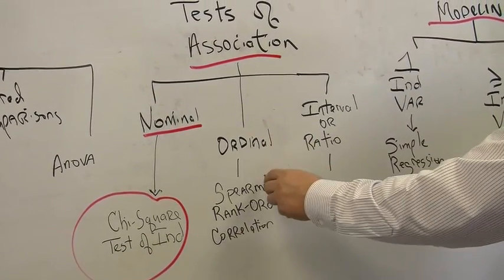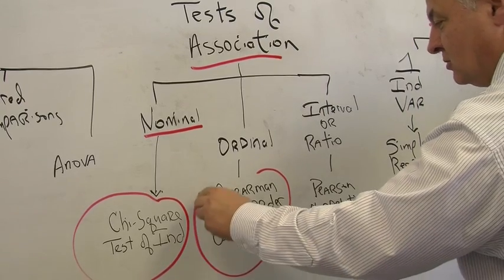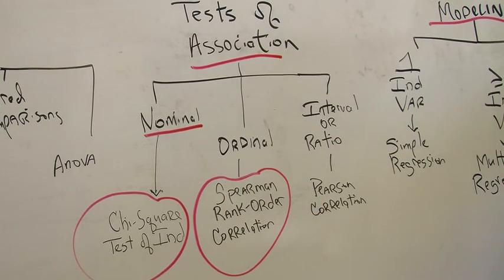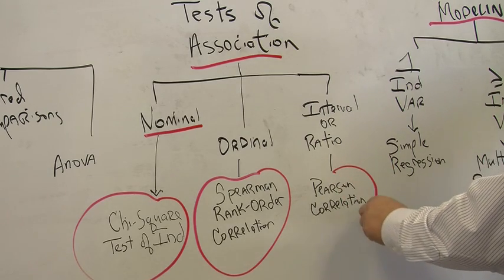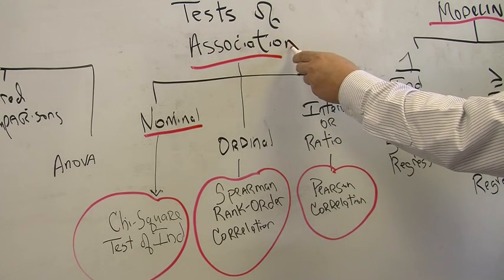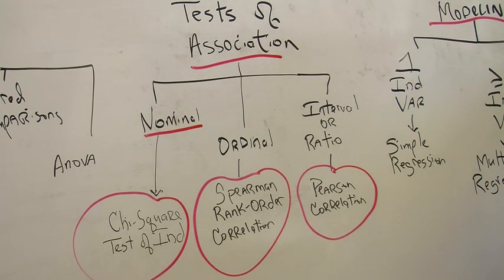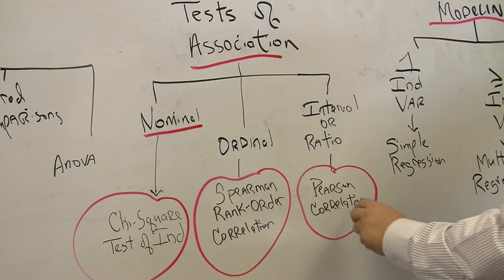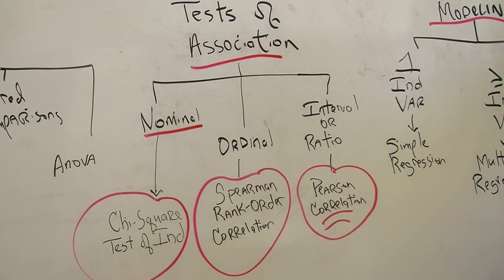If our data are ordinal, we're going to do what's called the Spearman's rank order correlation coefficient. I actually think this may not be in Orris's book, but we'll nevertheless do it. And then the topic of chapter 12 is the Pearson correlation coefficient. If we want to do a test of association when our data are interval or ratio in scale, we do the Pearson correlation coefficient.